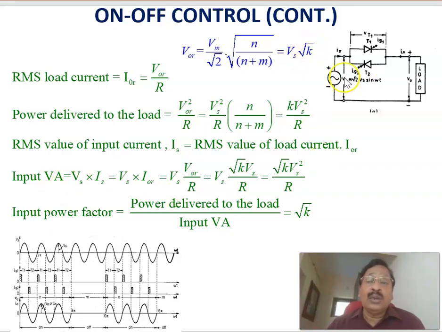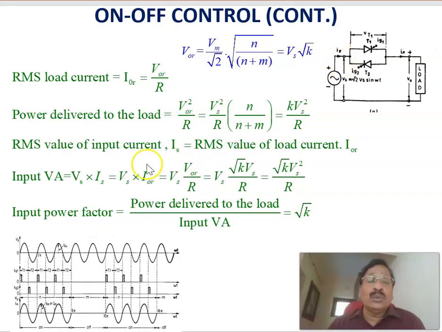Now, to find out the power factor at the input side, it is given by the power consumed by the load, that is the active power, divided by the apparent power. Active power is k into Vs squared divided by R. And apparent power is the RMS value of the source voltage into the RMS value of the source current.